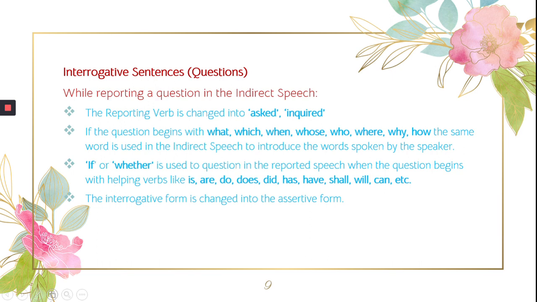If or whether is used to report the question when the question begins with helping verbs like is, are, do, does, did, has, have, shall, will, can, etc. The interrogative form is changed into the assertive form.